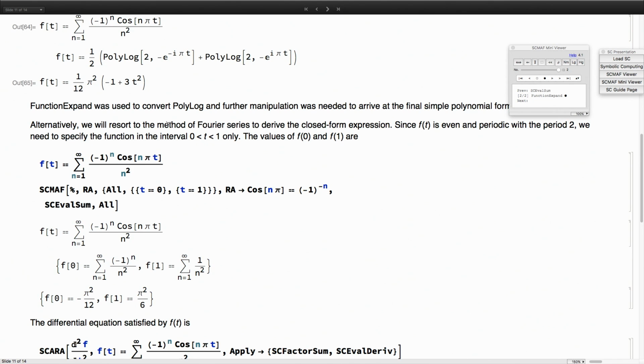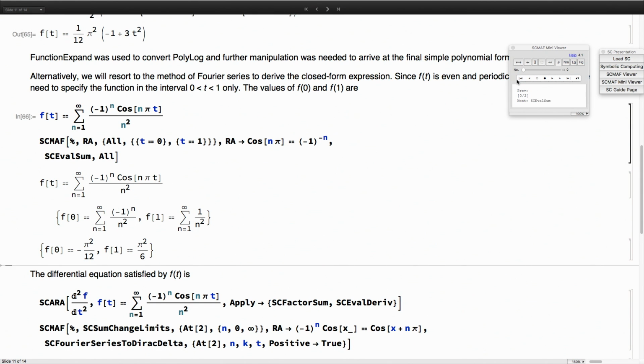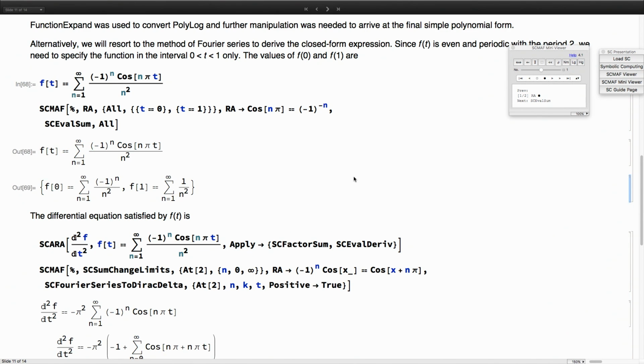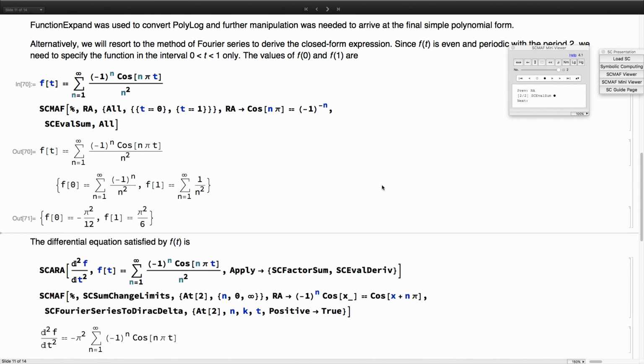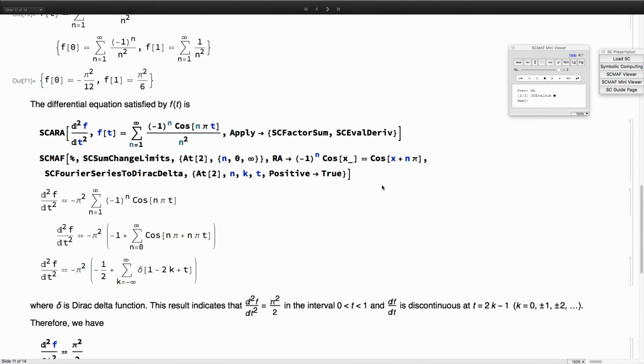But alternatively, we can use the method of Fourier series to derive the same expression. So I start with this, and if I evaluate the values for 0 and 1, then it is given by these. And these sums are pretty neat. They are elementary, and these are the results.